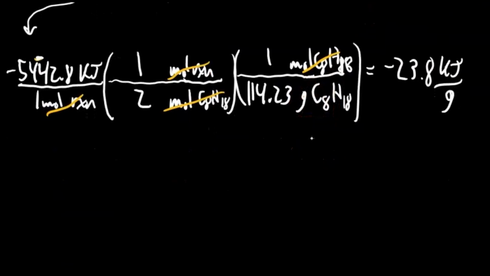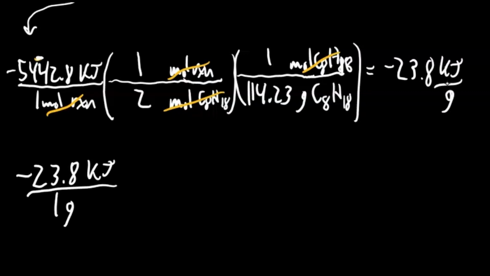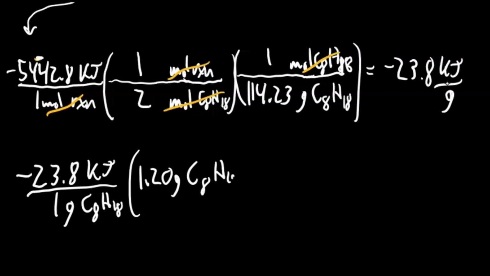So we got to multiply it by 1.2. Negative 23.8 kilojoules for every 1 gram of C8H18. We want to multiply that by 1.20 grams of C8H18 so that our grams of C8H18 cancel out, and we're just left with kilojoules.